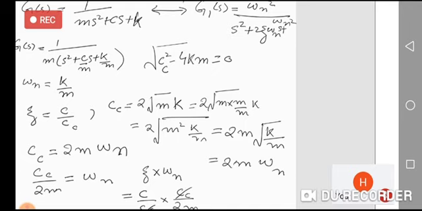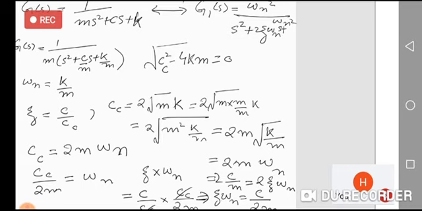CC cancel हो जाएगा और मेरे पास यहाँ पे रह जाएगा, I will end up with zeta omega n is equal to C over 2m, or C over m is equal to 2 zeta omega n. ठीक है? इसकी टेंशन ना लें, मैंने पेपर पे किया हुआ है, so I will upload it with the slides. वो ये कैलकुलेशंस आपके पास आ जाएंगी.